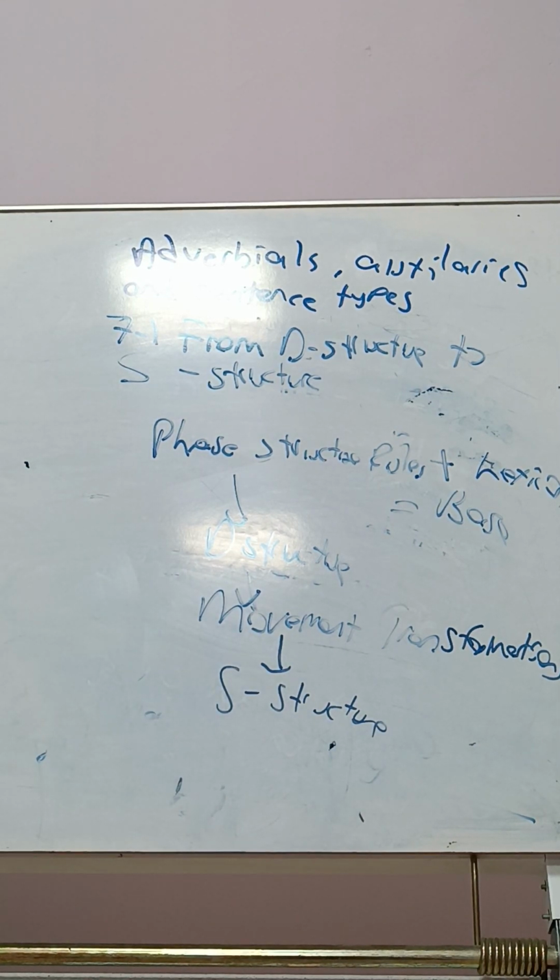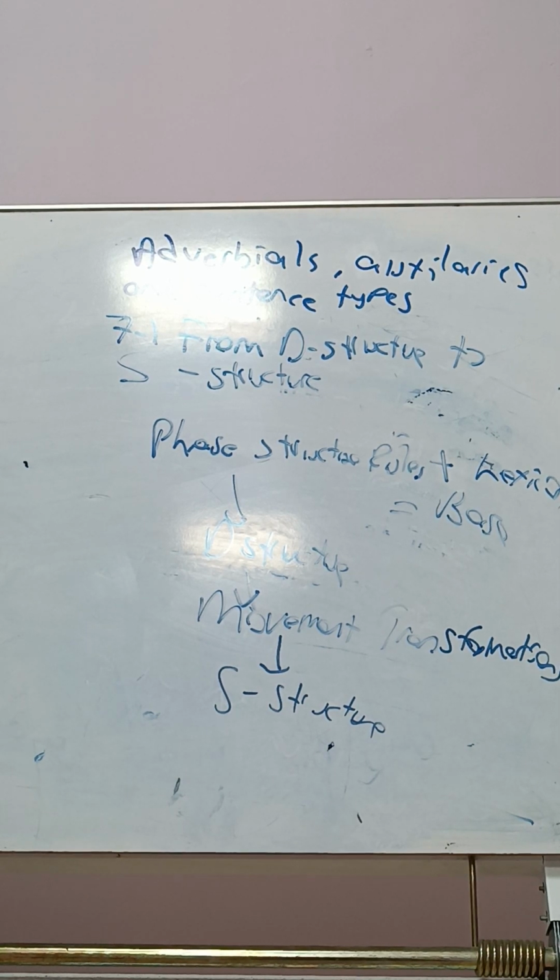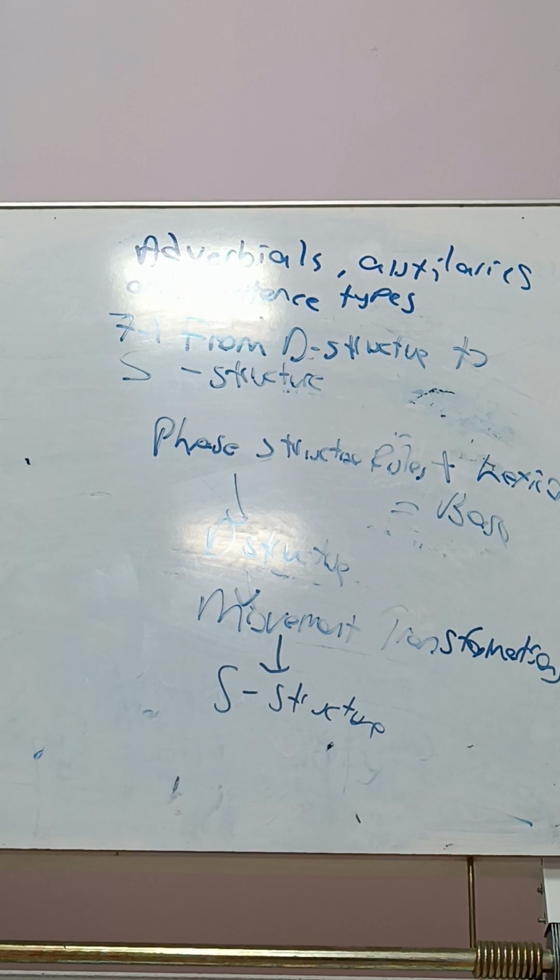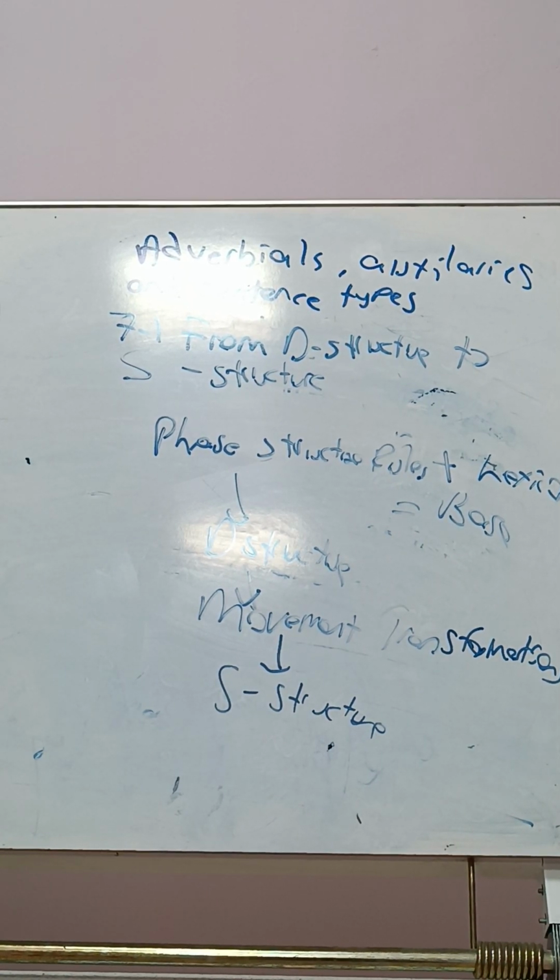Here, the phrase structure rules and lexicon together form a base. The base derives deep or underlying structures which are unambiguous and contain no meaning. Remember that the same deep structure may have different surface manifestations. We have more than one deep structure.